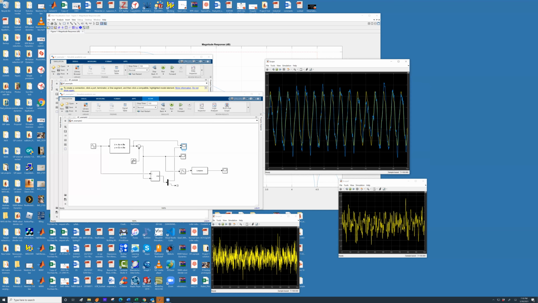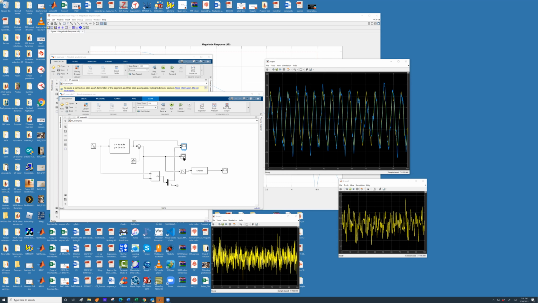So if you have a noisy signal, sometimes people say, just go ahead and do a low pass filtering. That may work sometimes, but not always. So Kalman filter is sort of an optimal filter. Compare this scope, double click on this scope. You will notice the yellow line is the true signal and the blue line is the output of the Kalman filter.